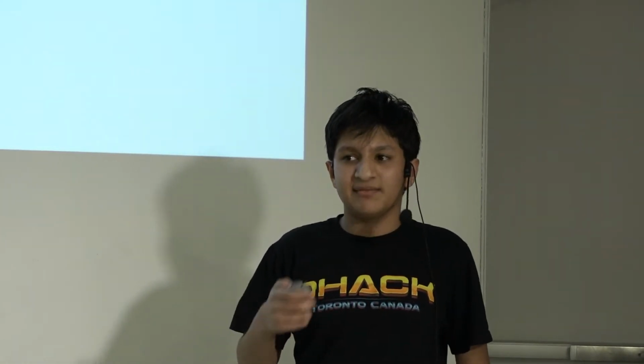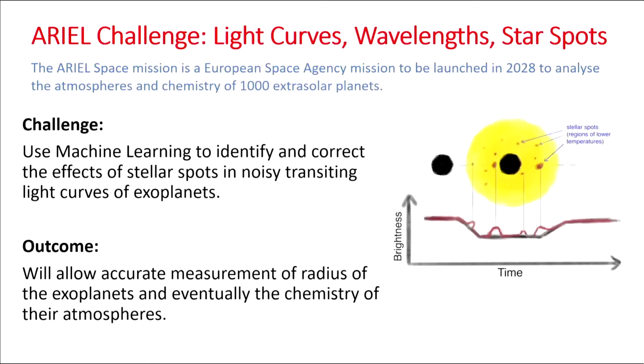Now, if we look at a second wavelength, in which case the atmosphere of the planet is actually letting the wavelength pass through. So in this case, there won't be as much light that's being blocked off from the star. So the depth of the light curve will be slightly less. So in these 2 cases, if we try to measure the radius of the exoplanet, we'll have 2 different sizes.